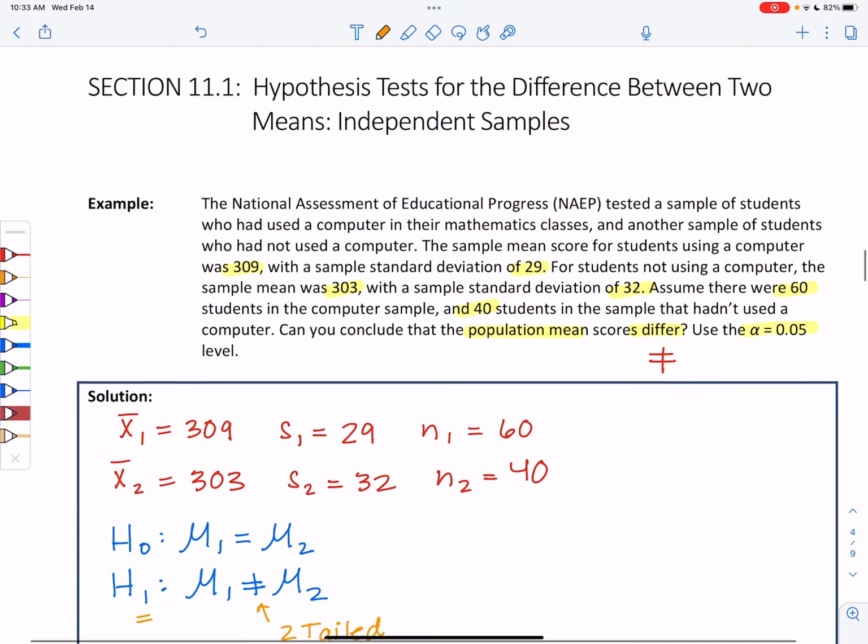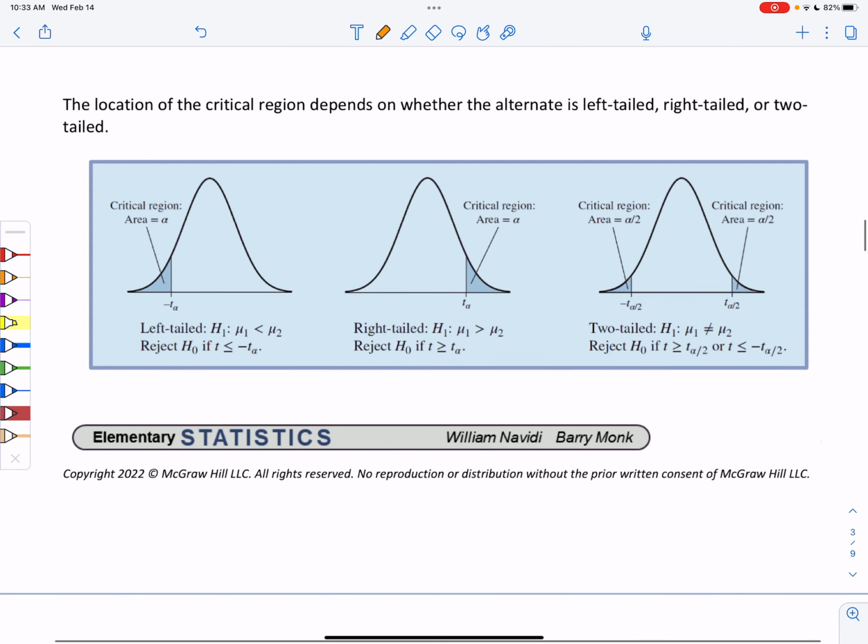All right, now remember when you do this, you're going to have one of three options. You'll have a two-tailed test, like what we're doing here, where you split the rejection region, or you might have a right tail or a left tail. You look at the alternative, and it tells you where to shade.